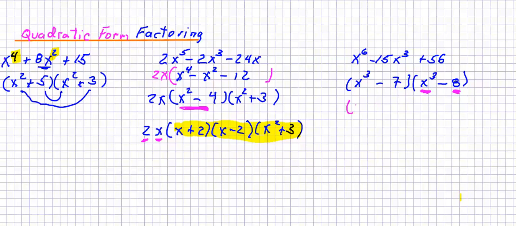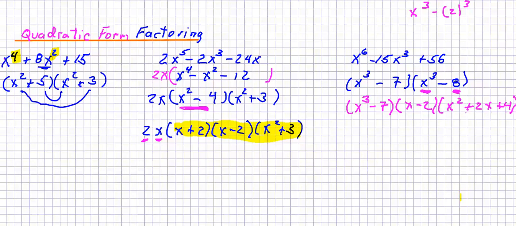So just like we did last week, x cubed minus 7, and now we do x minus 2. X cubed minus 8 is x cubed minus 2 cubed. So we have x minus 2, x squared plus 2x plus 4.